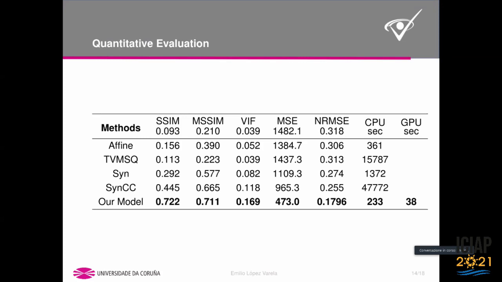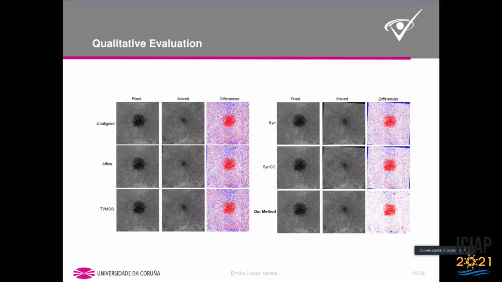And a more visual example is here in this slide. Here is an example of applying the different registration methods to the same two images. In the first row, you have the original image without alignment.